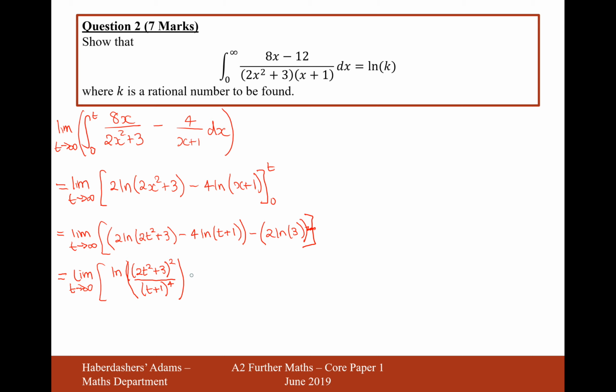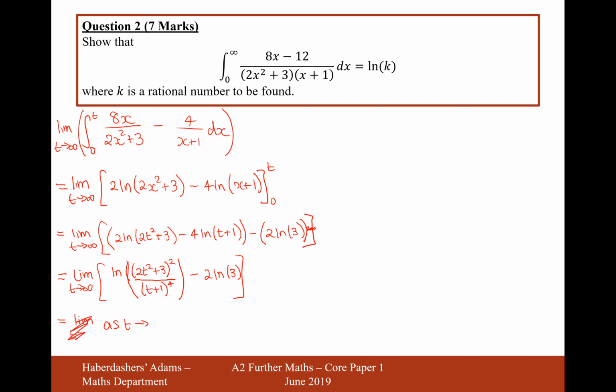And then that's going to be minus 2 ln 3. We'll sort that out in a second. Okay, so this seems fine because as t gets bigger, the highest power on t is going to be 4. So actually, we won't probably need to expand this. Just consider what will happen as t tends towards infinity.